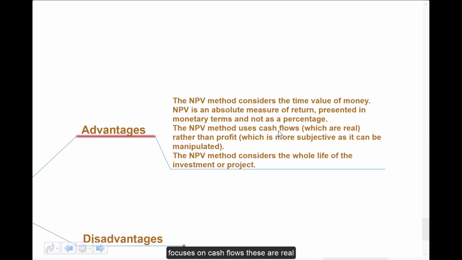NPV focuses on cash flows. This is real money. You can touch it. Profit is subjective, and as we know from accounting studies, it can be manipulated. In addition, NPV is an investment appraisal method, unlike, let's say, payback, which considers the whole life of the project, years 1 to 4, years 1 to 8, the whole life. That gives it an advantage.